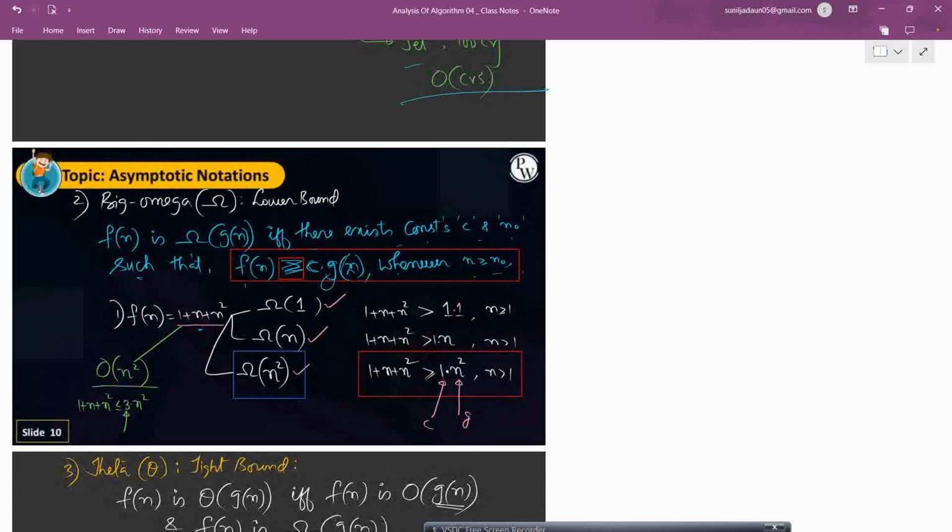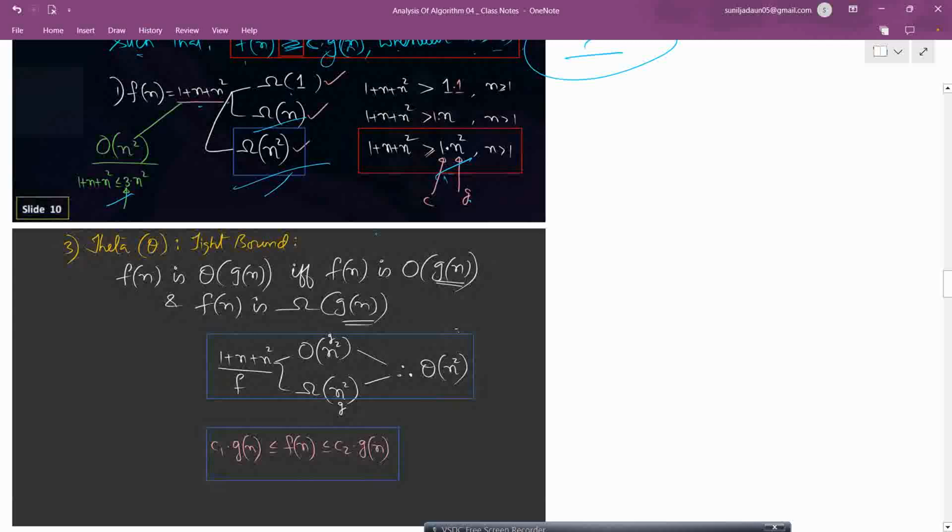If f(n) is 1 + n squared, it is big omega of 1, big omega of n, or omega of n squared also. We say omega of n squared is the closest one.